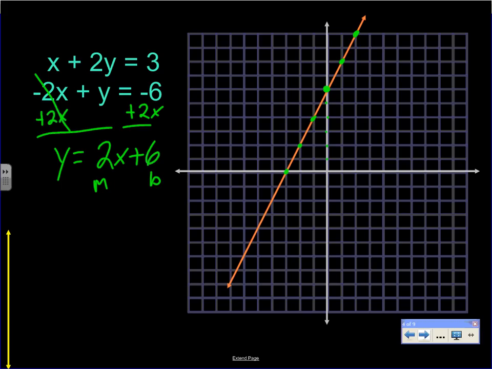Make sure you're using a ruler when you do this, so that your line is straight. You need to be using graph paper and a ruler, and you also need to make more points on the graph than you're probably used to.